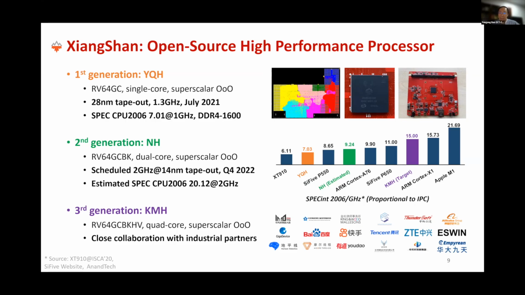And the performance, we expect, can achieve 15 points at 1 gigahertz. So it's comparable with the ARM Cortex-X1. So this is the roadmap of the Xiangshan project.